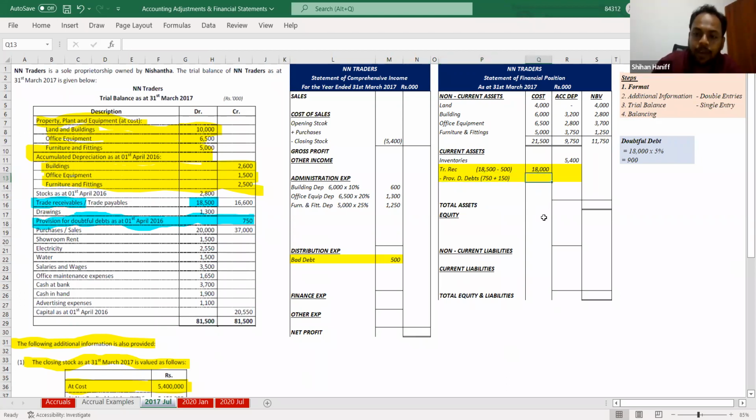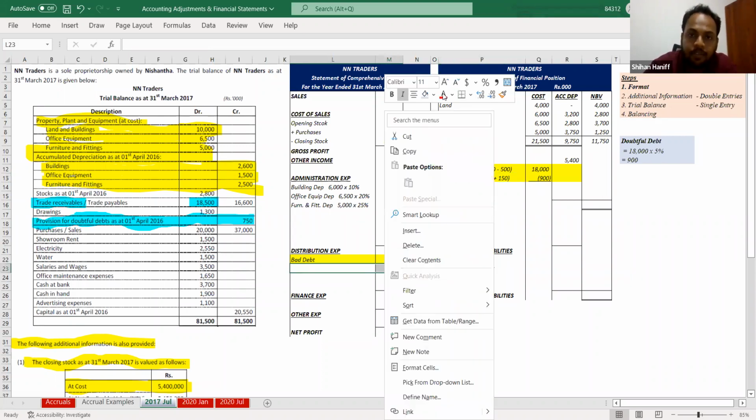So this becomes 900. If you increase the doubtful debt, this is called under provision. You have a less provision in the doubtful debt account. So you are increasing the provision by 150. Increasing the provision means it is an expense.